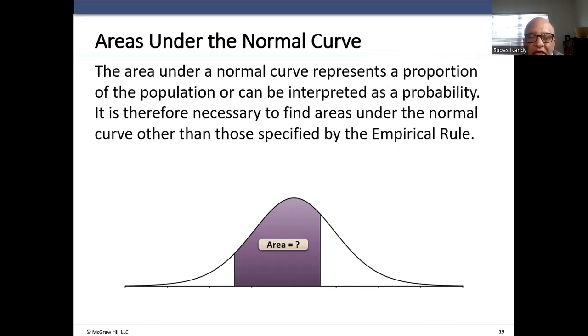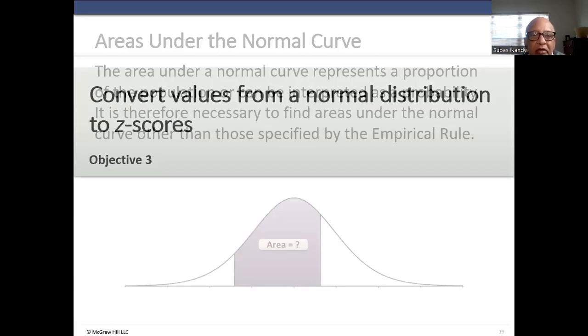But what about other areas, which are not connected with those points? We have to find the areas under the normal curve because the area is the probability, or the proportion of times that a particular random variable will fall between the two vertical lines, okay?